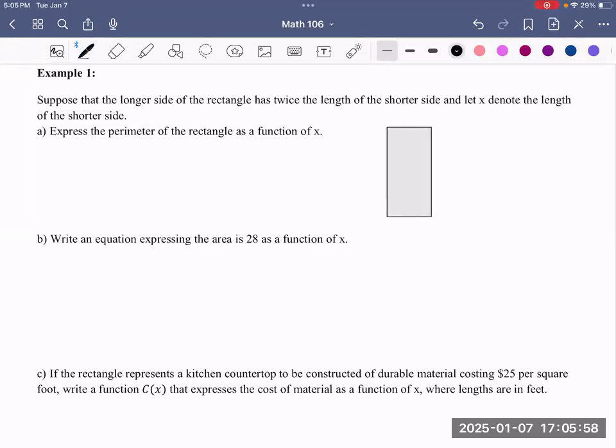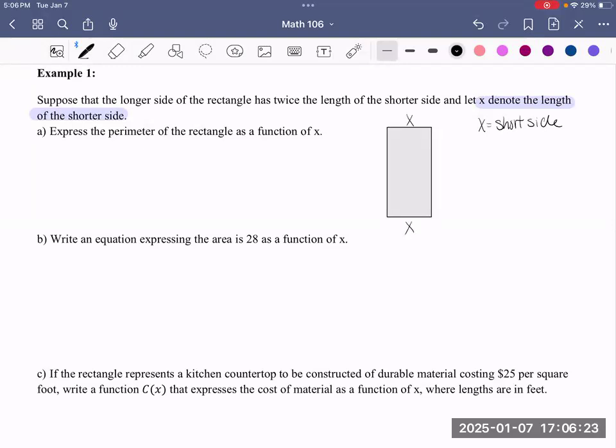Saying let X denote the length of the shorter side just means X is equal to the short side. So this and this could be labeled as X.